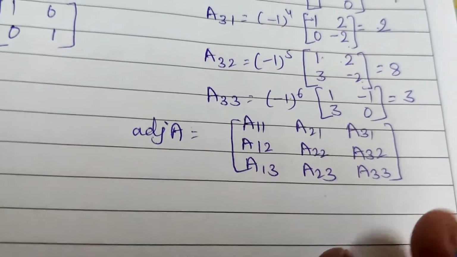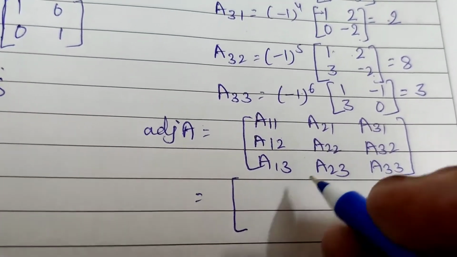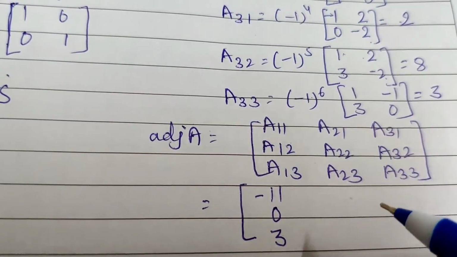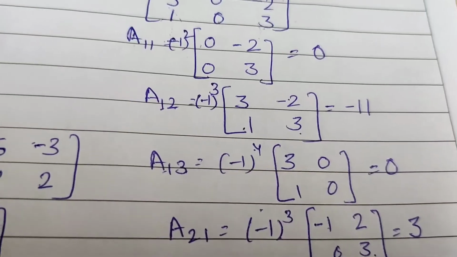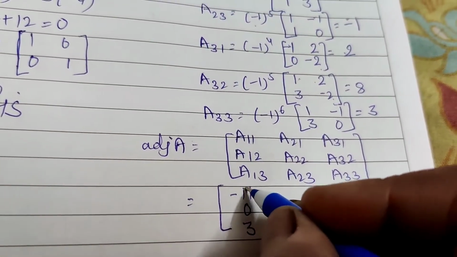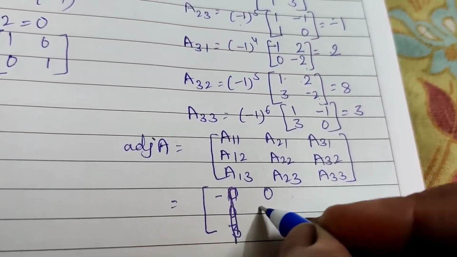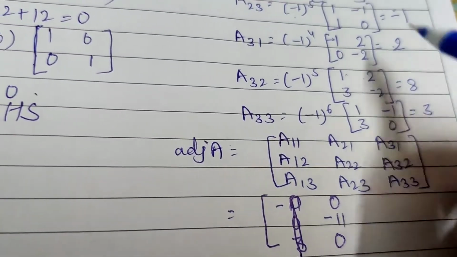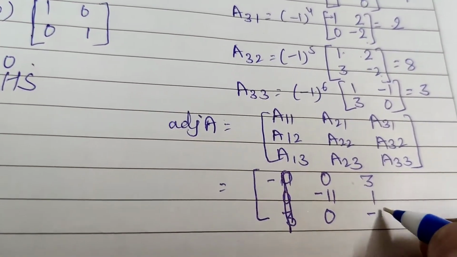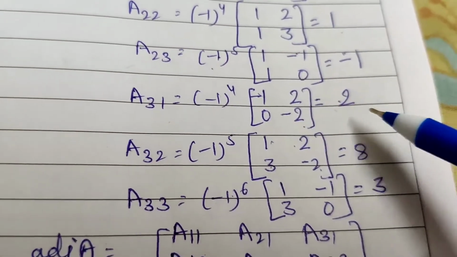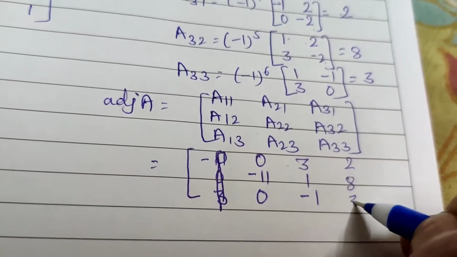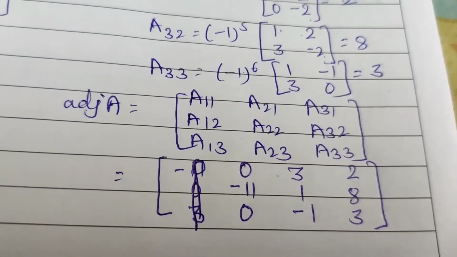The adjoint equal to, now arrange, A11 is minus 11, 0, 3, sorry 0 minus 11 0, 0, and the second 3 1 minus 1, and the A31 3 2, 2 8 3. Okay, these are the adjoint of A.